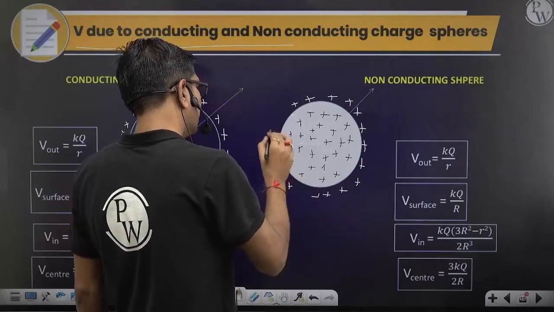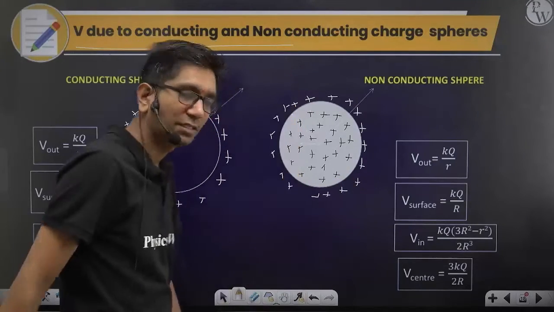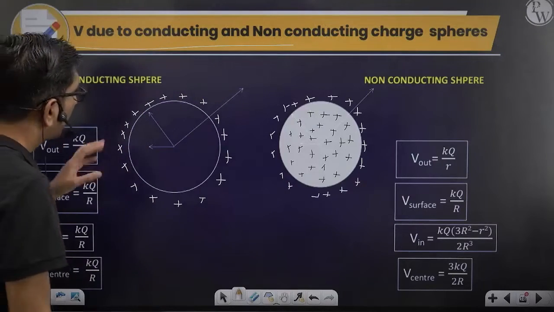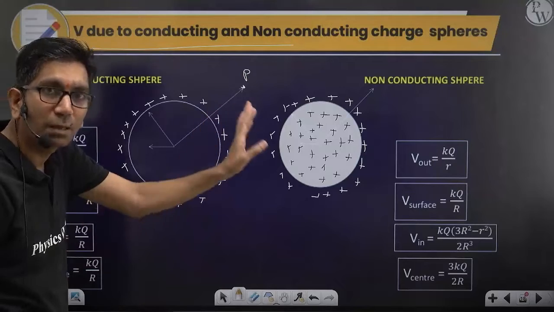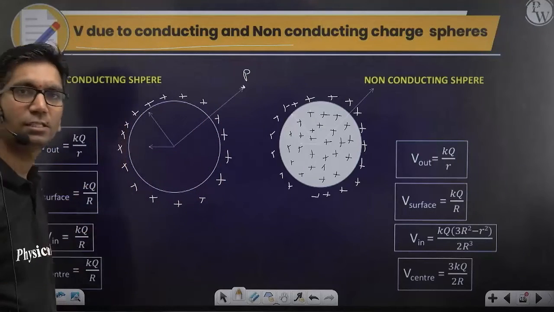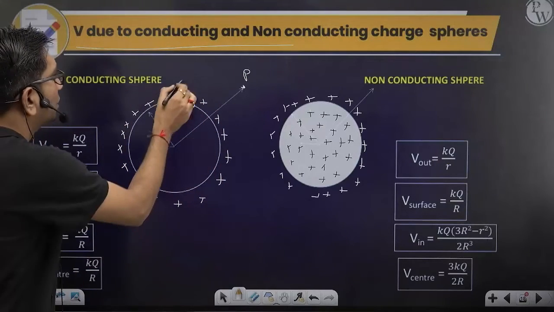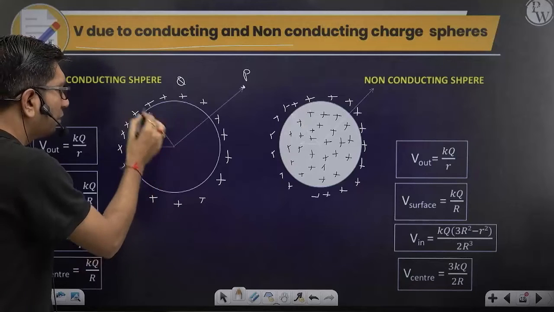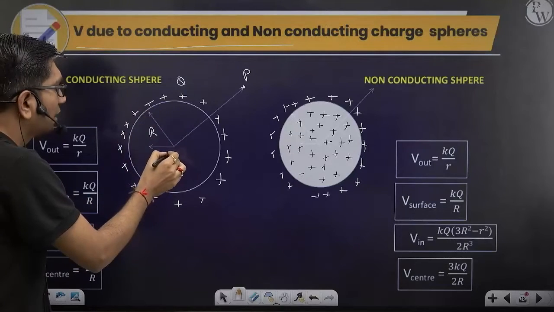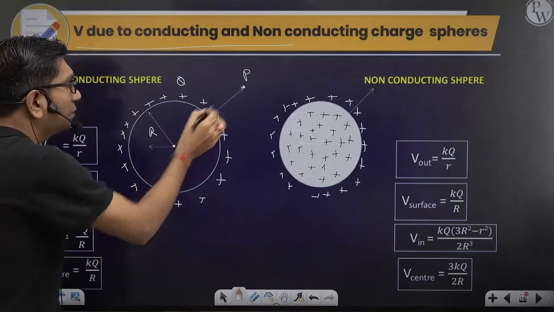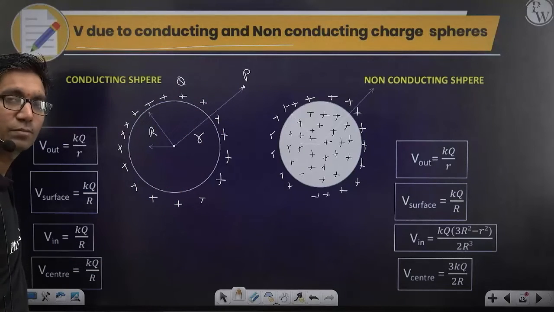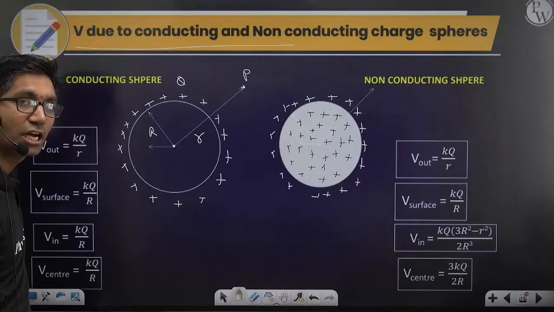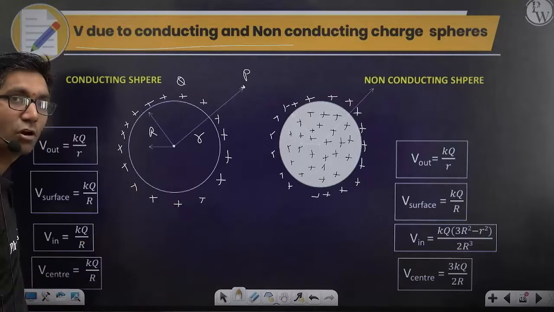So see here. At this point P, you have to calculate the potential due to this conducting sphere. The charge on it is Q, the radius of the shell is capital R, and the distance from the center is small r, as I said in the last class on electric charges and fields, where we calculated the electric field intensity.